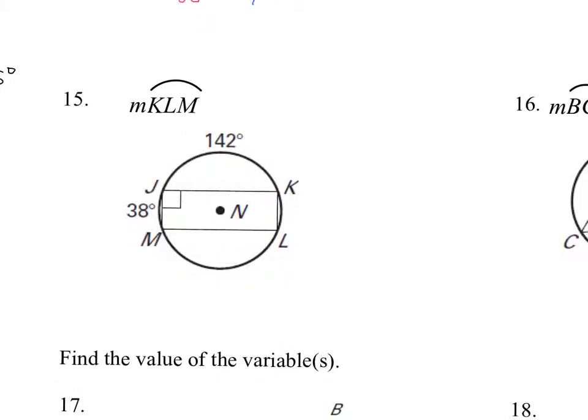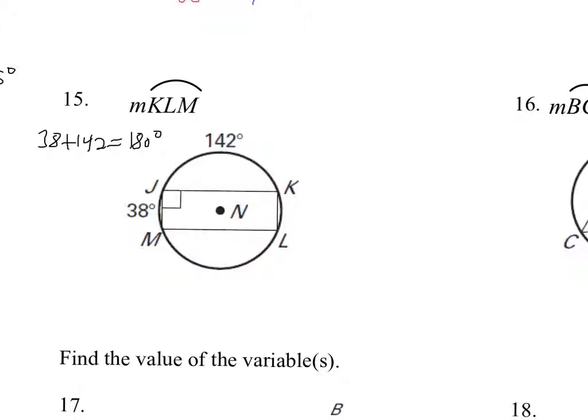All right, number 15. There's a lot of ways to look at this also. I just happen to notice when I look at the 2 arc measures that are given, 38 and 142, if you added those together, 38 plus 142, that would equal exactly 180 degrees.